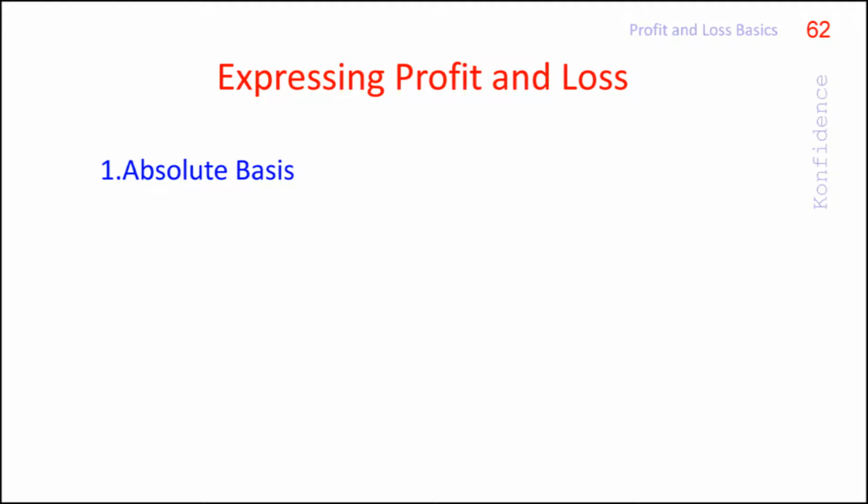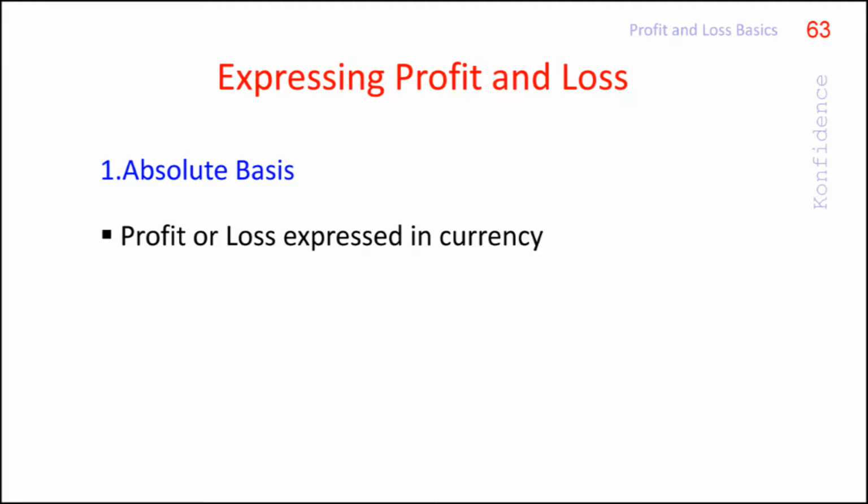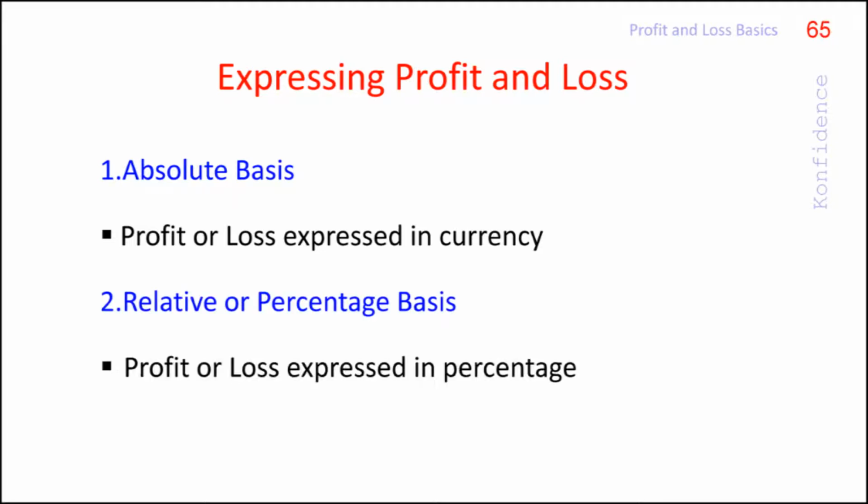In absolute basis, profit or loss will be referred to in terms of currency like rupees, dollar, etc. In relative basis, they will be represented in percentage terms like 20%, 30%, etc. One thing to be noted here is that the relativity is on a basis and the basis will be expenditure. That is what we described in the last slide. So, 20% profit will mean 20% of expenditure.